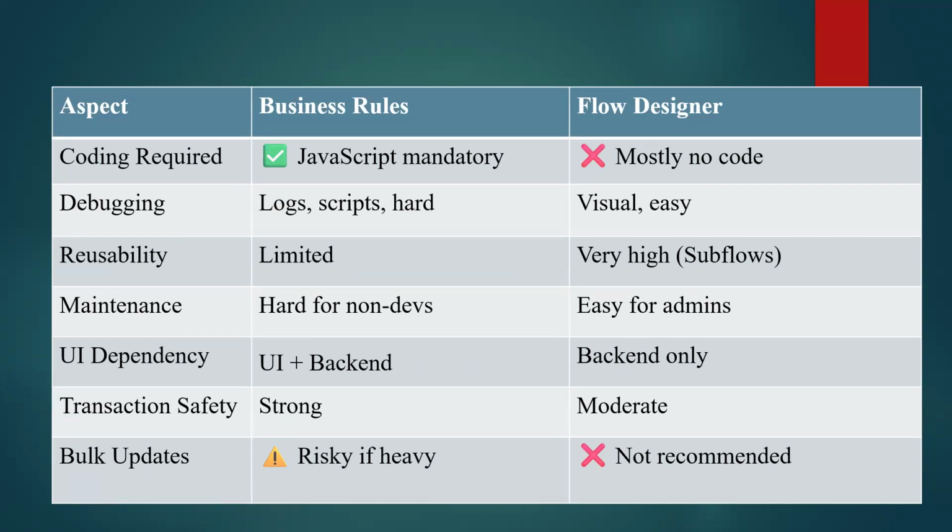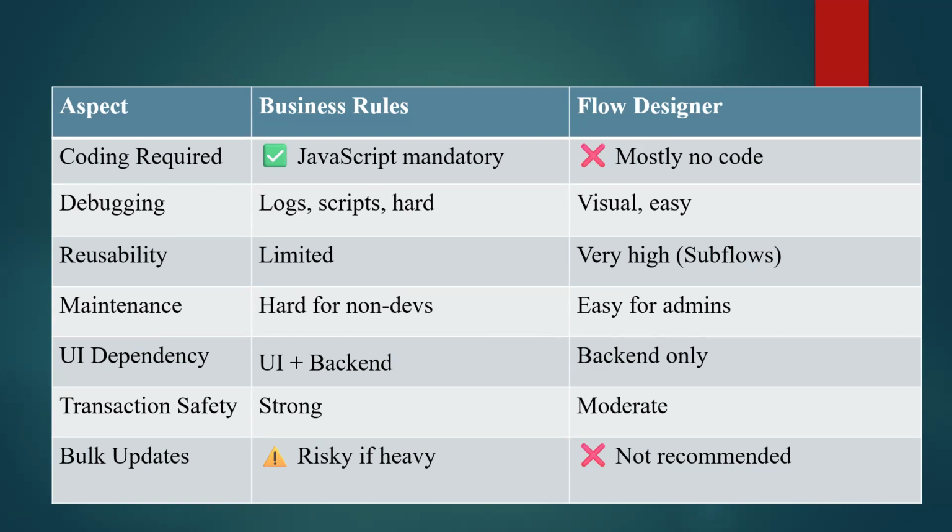Coding required. For business rules, JavaScript must be written. In flow designer, mostly no coding is required. Debugging. Business rules are debugged via logs and scripts, so it's much harder. But flow designer has a visual execution view, much easier to debug.